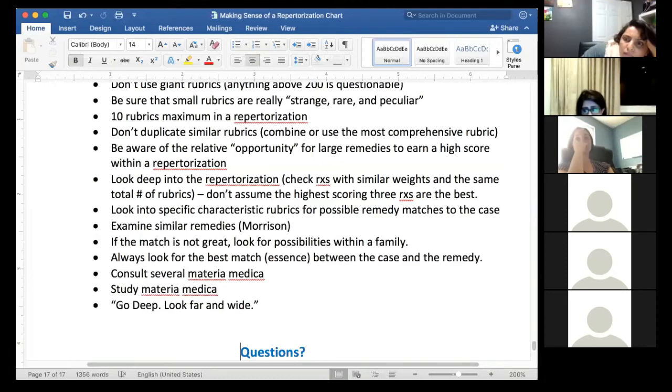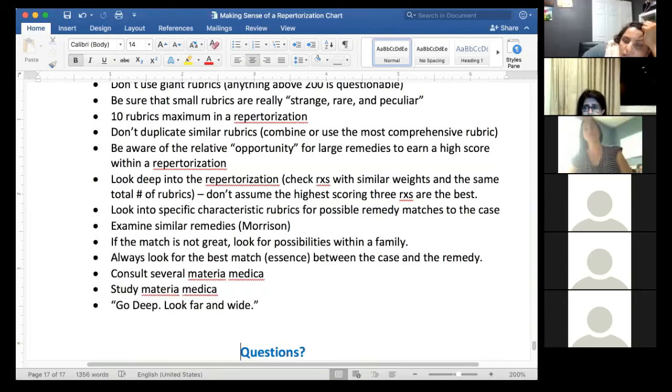Is that per client? Like you say, mind, poverty, this client has it intensely. Is that a judgment call for each patient that you're making? Yes. It would vary.